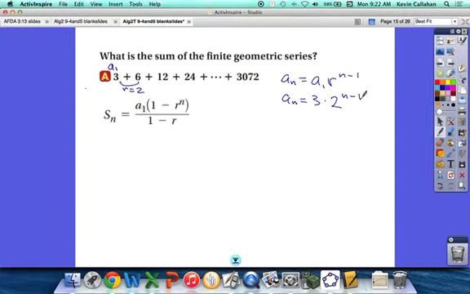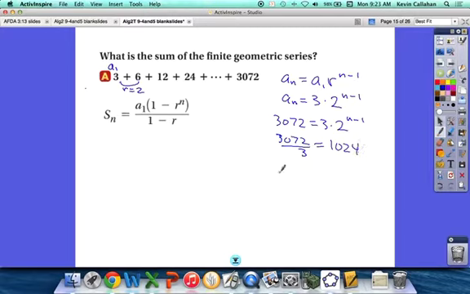And in this case, we know the value of the term is 3072. So 3072 equals 3 times 2 to the n minus 1. Divide by 3. What is 3072 divided by 3? 1024.